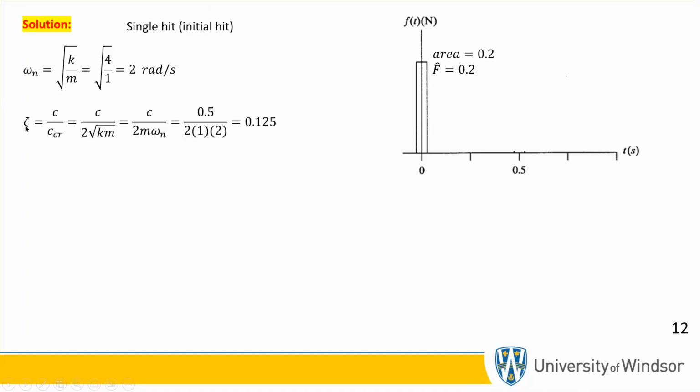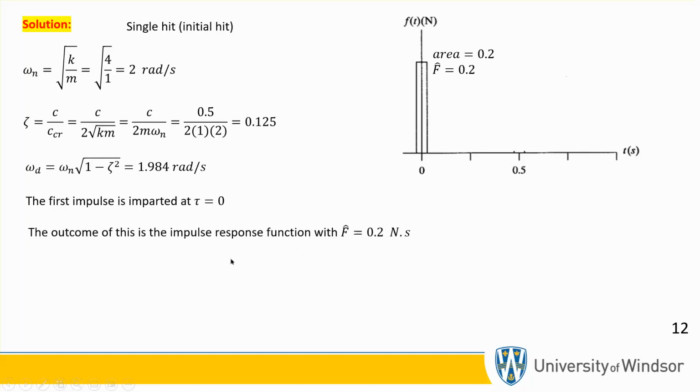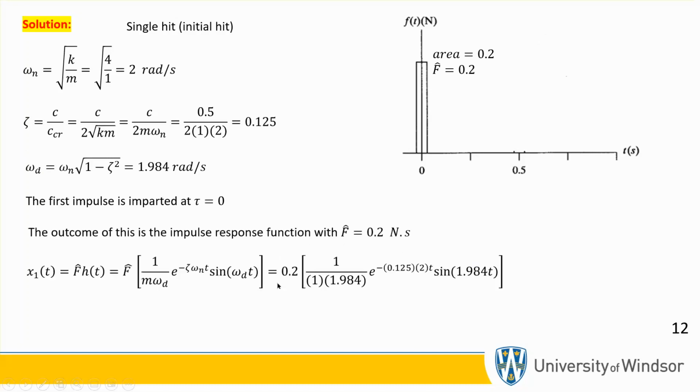We need zeta, because in the expression for h, the impulse response function, we have omega n, zeta, and also omega d. So there's your omega d, initial hit. This is f hat. So we just literally write it down: x1 is equal to f hat times h of t.